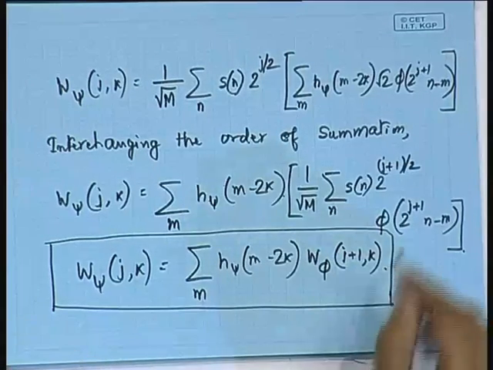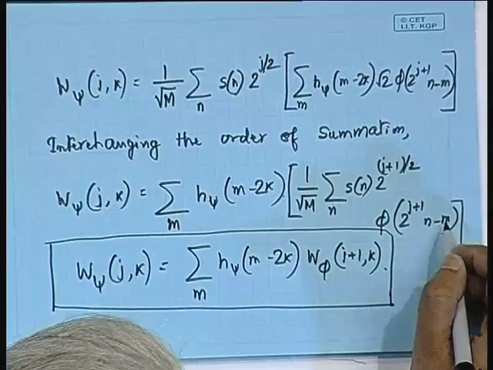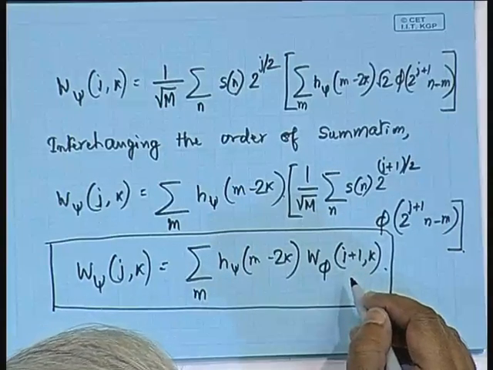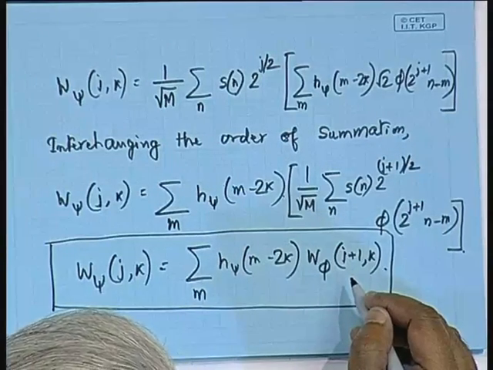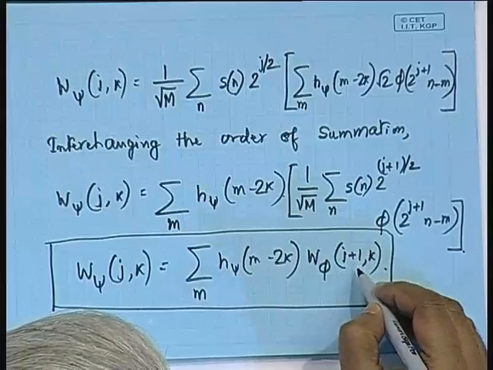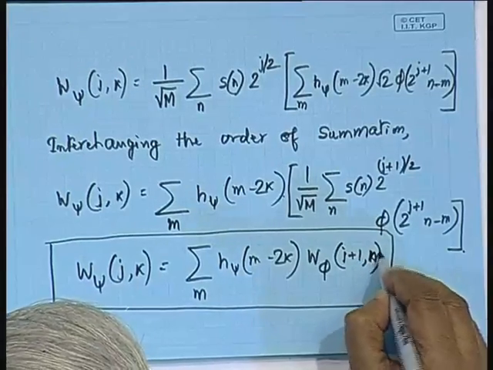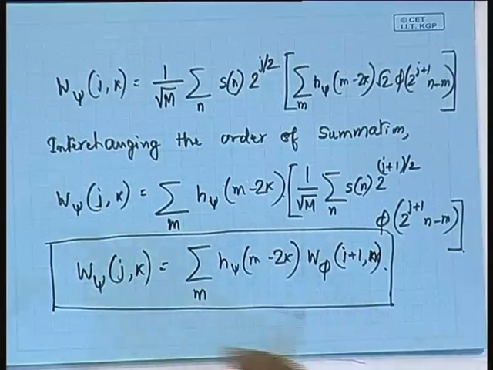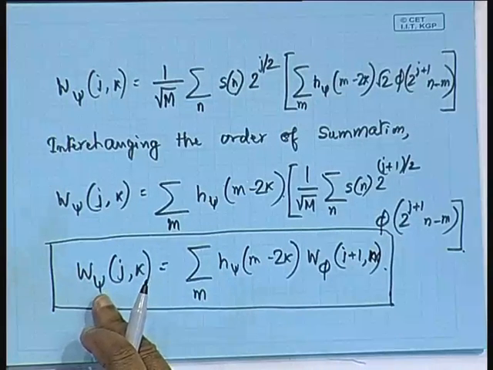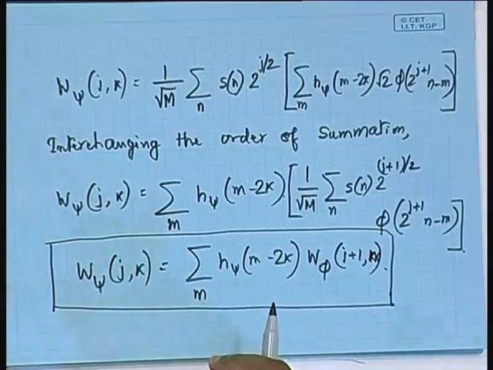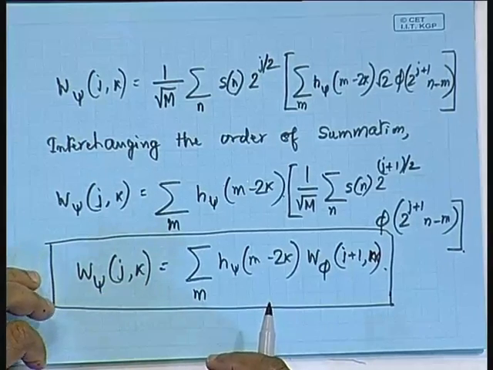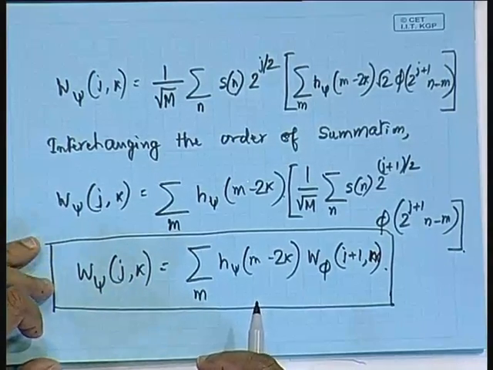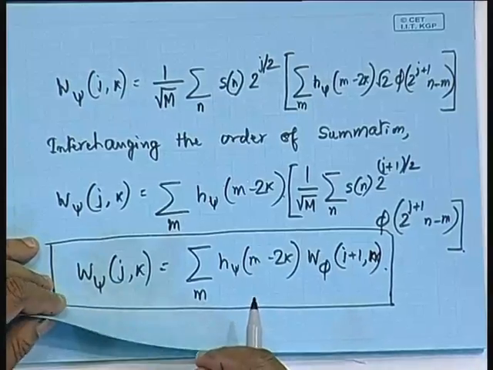Yes, that's true, because the index we are using is m. So, this is one very interesting relation that we have obtained for W psi j k, and in a very similar way we can obtain the expression for W phi j k also.